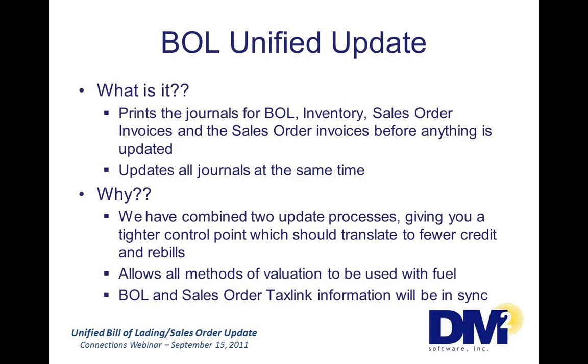It's not uncommon to have a user delete an invoice out of a batch that was created through bill of lading and then re-enter the transaction with a different invoice number, possibly a different warehouse, etc. I've even seen it where the whole sales order invoice batch has been deleted. The user goes back into bill of lading and starts all over again, and we end up with duplicate bill of ladings and a real mess in the tax work files.